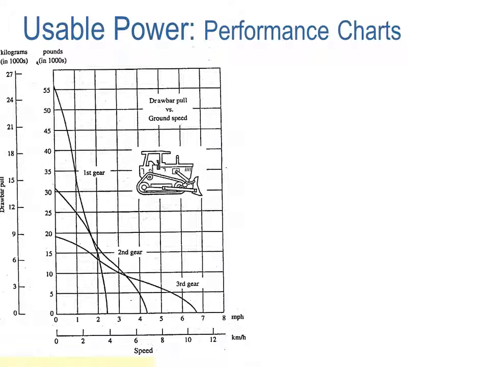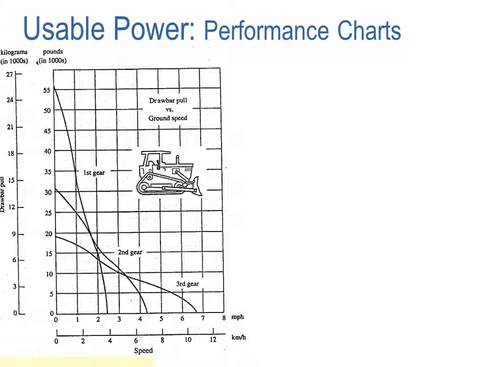But practically speaking, how could we use that stuff? For each piece of equipment, manufacturers will supply us with a set of curves or a set of graphs. If you compare the curve of the first gear, the second gear, and third gear, all of them correlate the speed to the impulse force. But you notice something very nice, that the area beneath each of these curves is equal to the other.